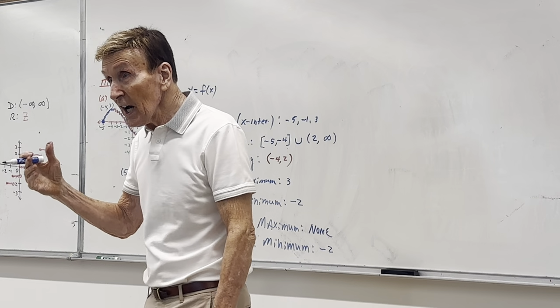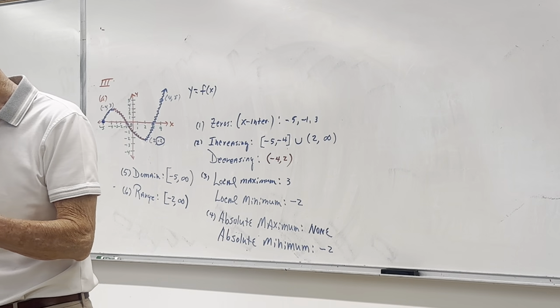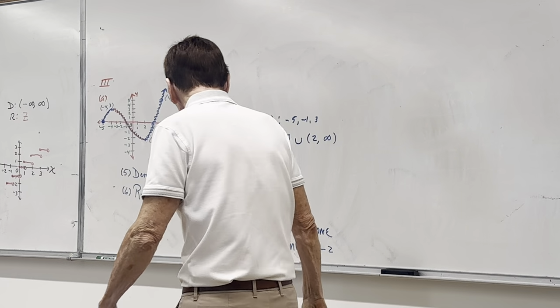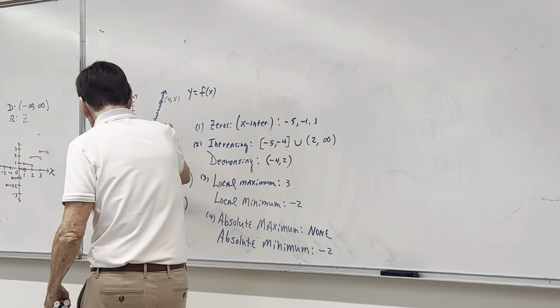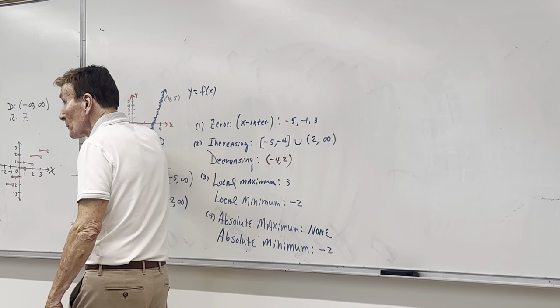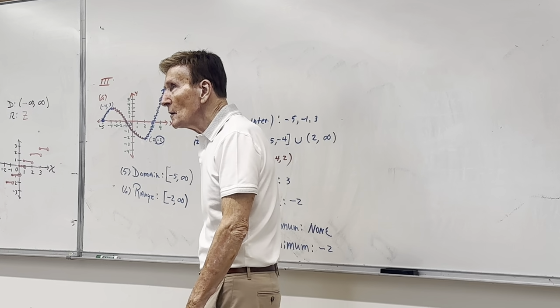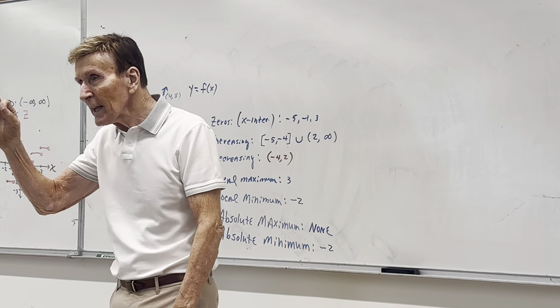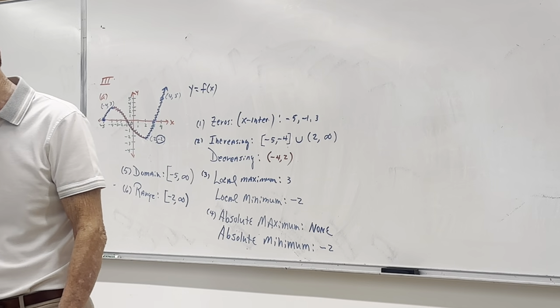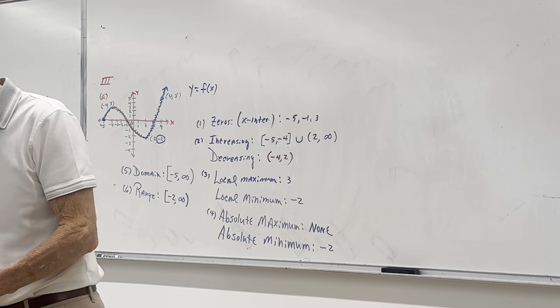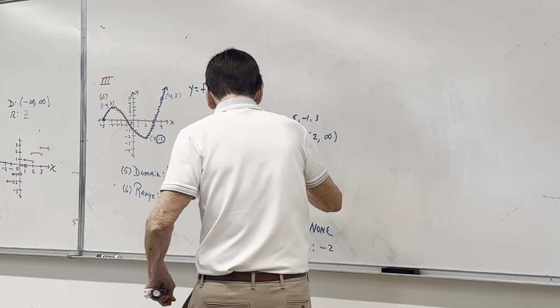I think your textbook does put them in brackets. I don't like it. Wonder why I would not like it? If I asked you for when is it increasing, and we said from -5 over to -4, Professor, what's it doing at -5? At the very beginning, at the -5 of that interval, is it doing anything at all? Is that just a stationary point? That's where it starts. So I prefer this myself.